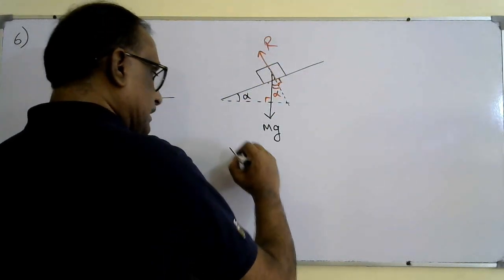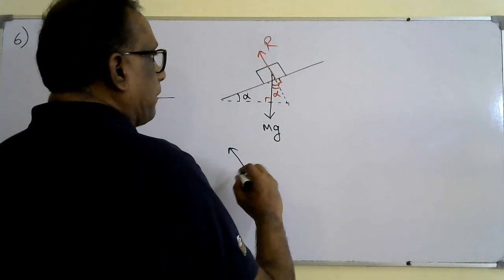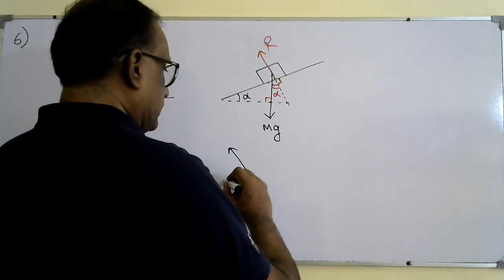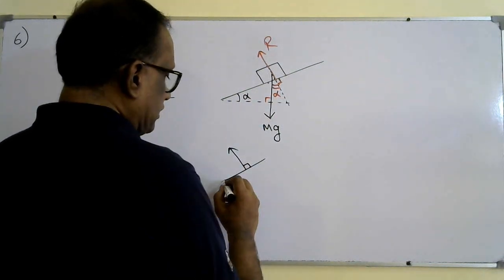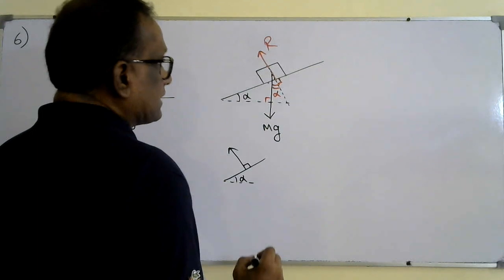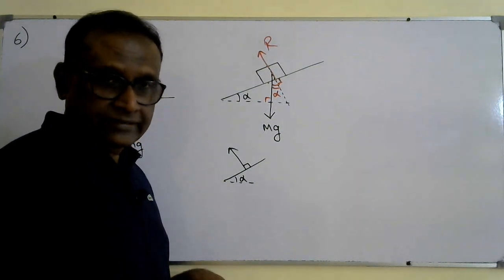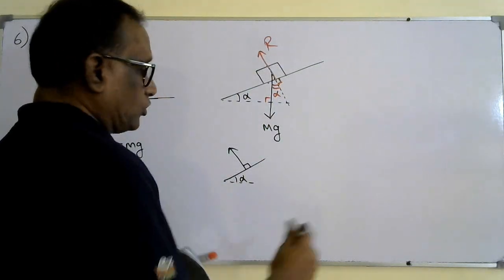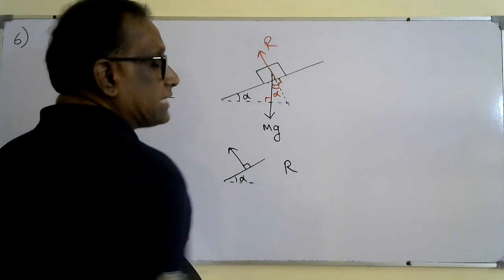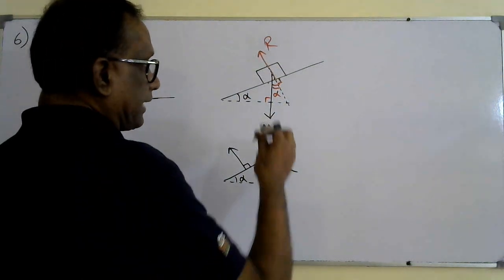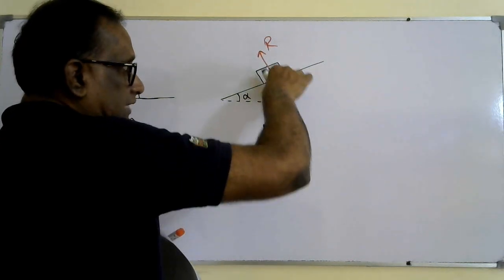So along this direction, which is perpendicular to the slope, when I consider along that direction, there is no motion, no acceleration, the object is at rest. In that direction also no motion. So the resultant force in that direction must be 0. We resolve the force along this line.